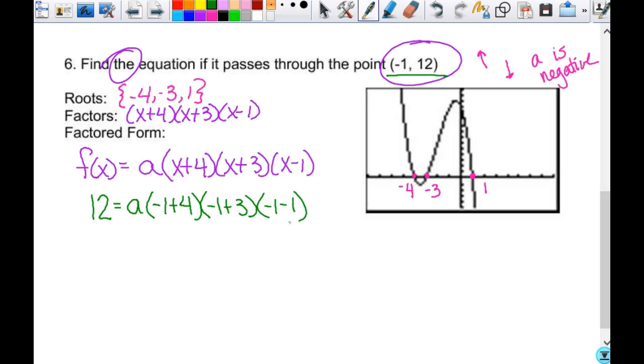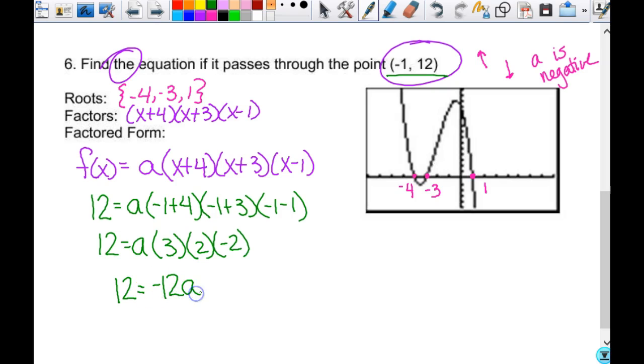Everybody understands where all that came from, right? Yes? Okay, good. So that means I'm going to get 12 equals A times, it's going to be a positive 3, positive 2, negative 2. So what's negative 2 times 2 times 3?